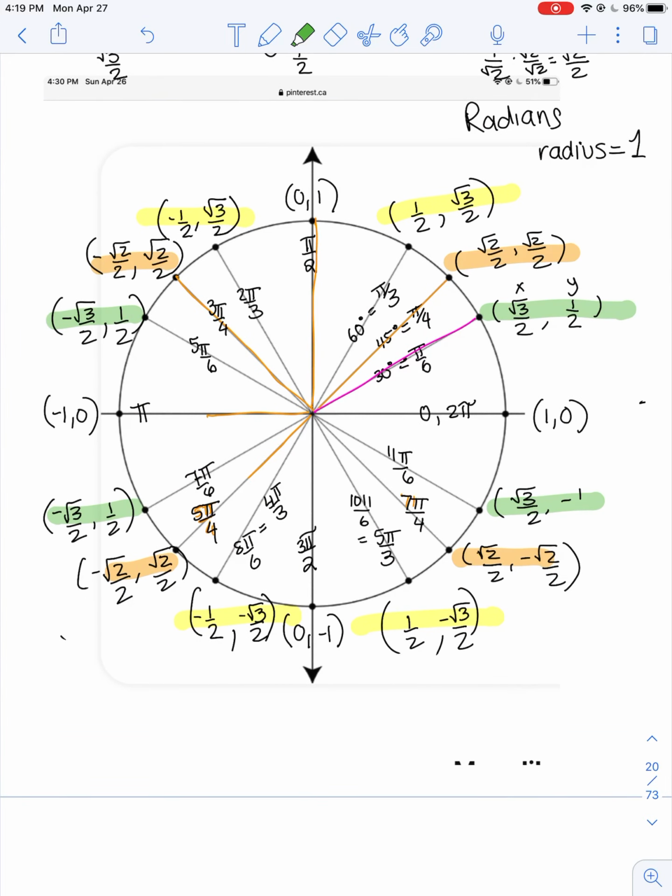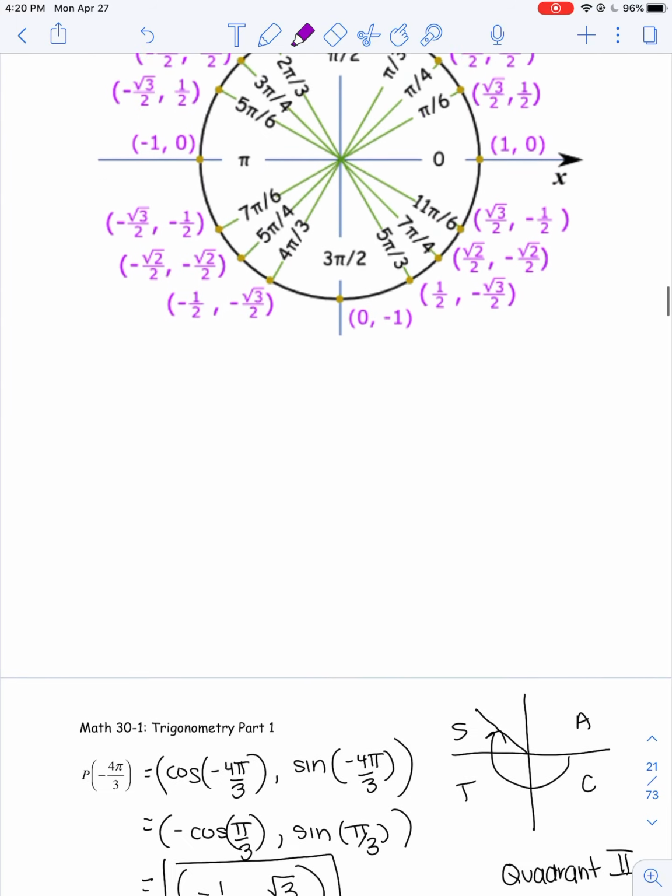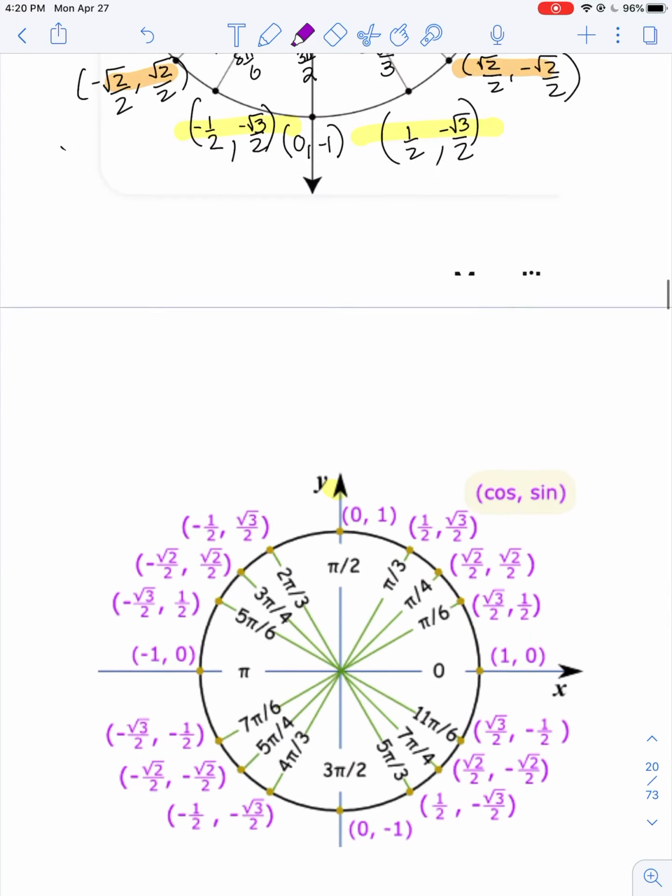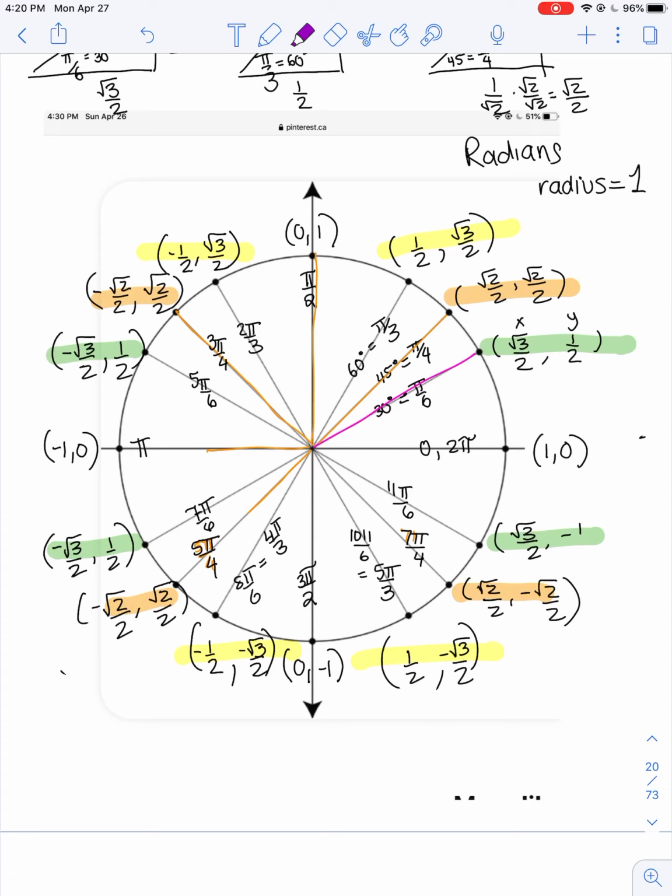So pi over 3, I want to show you how that looks when it comes to understanding this. So I'm going to highlight this with another color. I'll use purple. So we're going in the negative direction to find the answer. So they want 4 sections of pi over 3. So this would be one section of pi over 3.